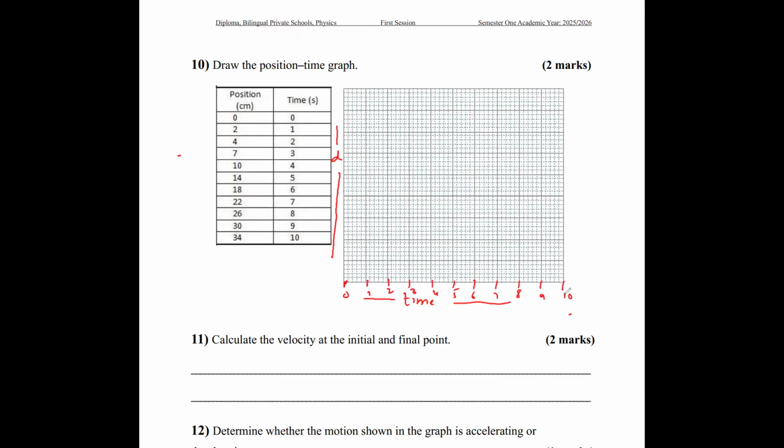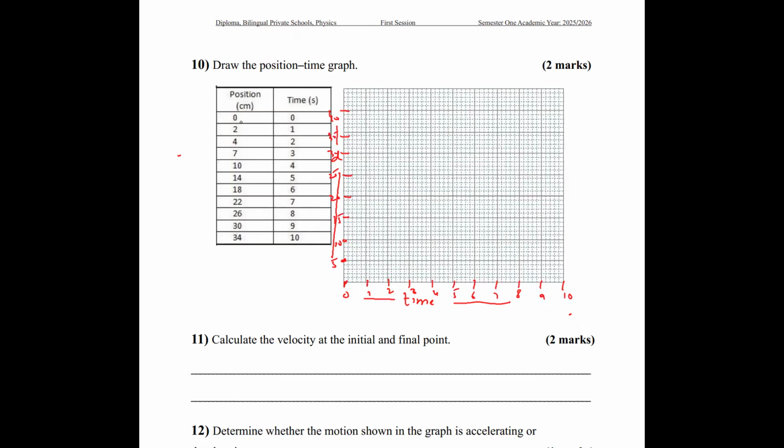So this is my time axis. And what about the position? Just write down this: for example, 5 centimeter, 10, 15, 20, 25, 30, 35, and 40. Just something like this. You can take any position if you want, no problem for this.